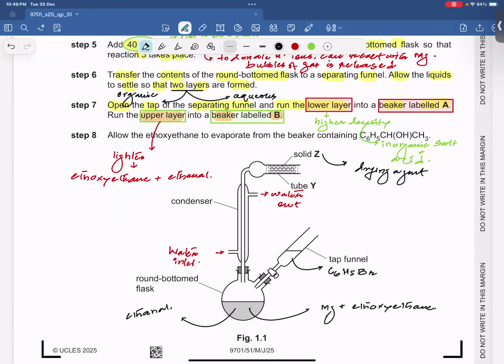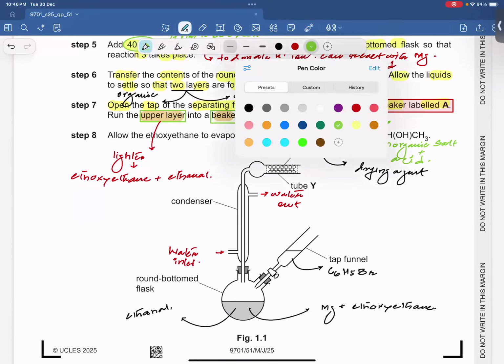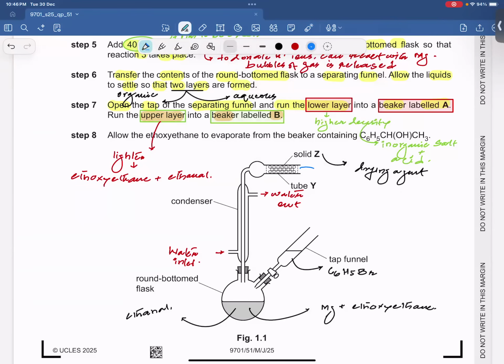Okay. And why is there no rubber bung here? That's a lot of information, guys. Let me change the color. Why is there no rubber bung here? To prevent pressure building up in the apparatus.